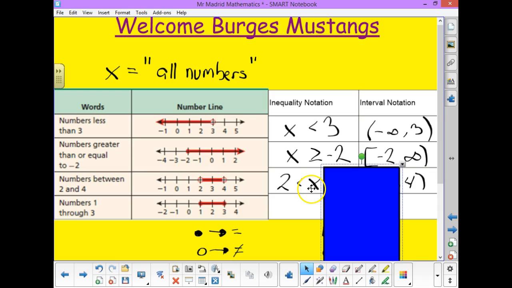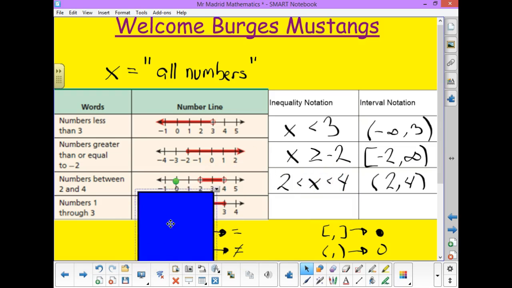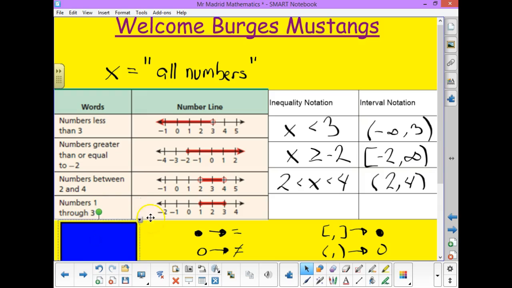Notice what this is: this is all numbers greater than 2. And this one says all numbers less than 4. So even though it looks a little intense, you just break it down into those two parts. Now look what this says. You're going from 2 to 4, everything in between, but these parentheses say you cannot equal. Parentheses, not equal. So that's a statement.